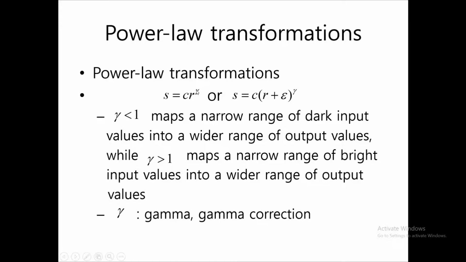Here C and gamma are positive constants. It can also be written as S equals C times (R plus epsilon) to the power of gamma, to account for offsets.